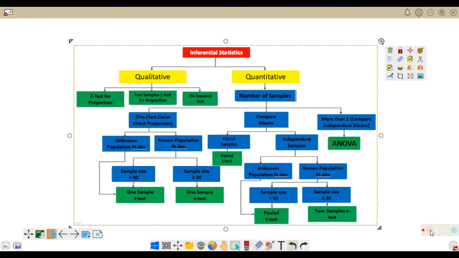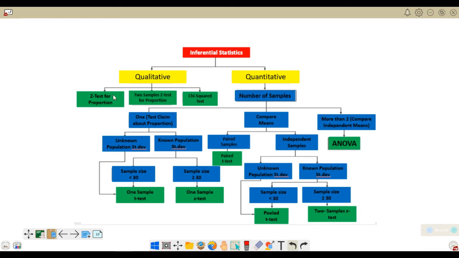Wait lang. Okay, this is what I am talking about. So, in choosing your test statistics, ito yung mga green na box, ito yung mga test statistics under inferential statistics. Isang part pa lang to, parametric tests pa lang to. Ito yung nag-a-assume na normal yung population nyo.